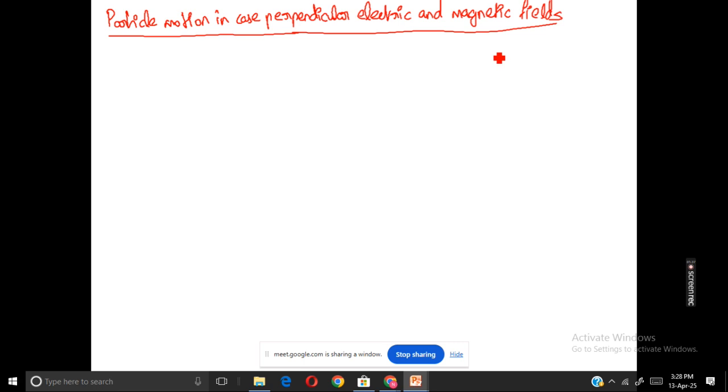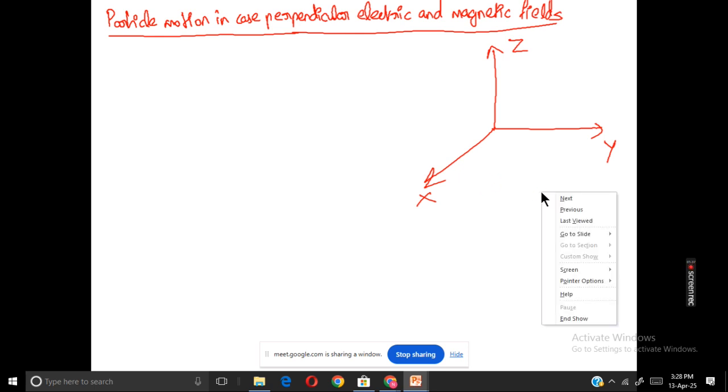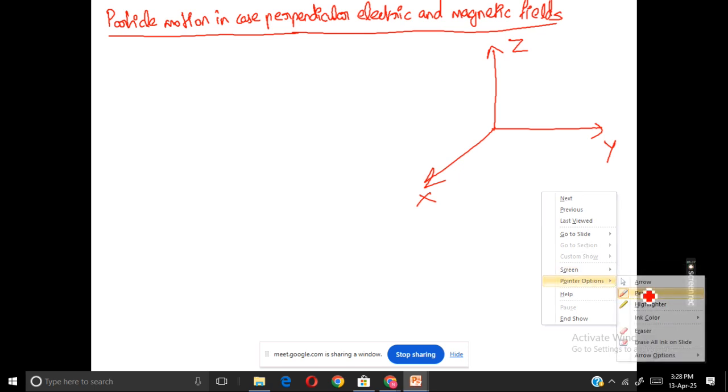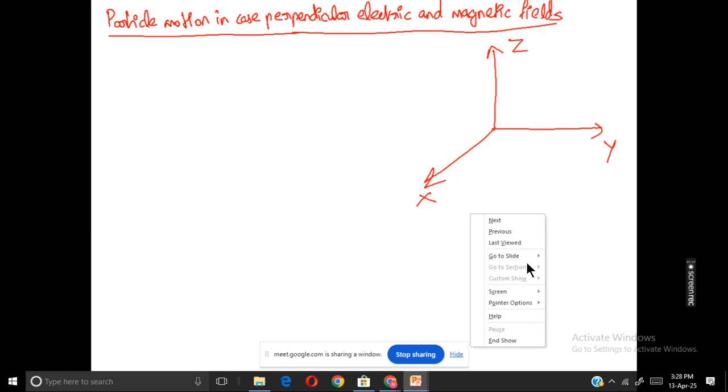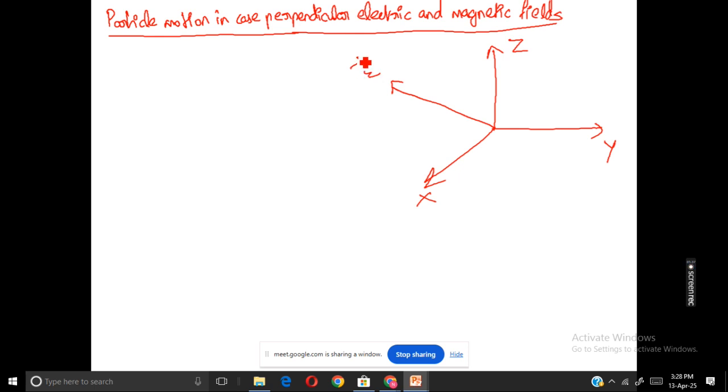So let us consider the electric field. This is X, this is Y, and this is Z. Let us consider that the electric field is present in the XZ plane. And the magnetic field is acting along the Z direction.